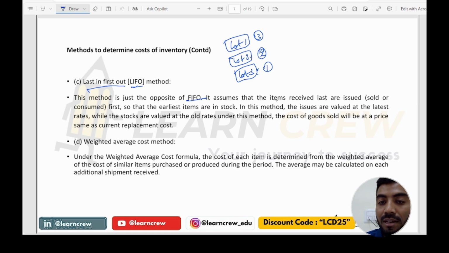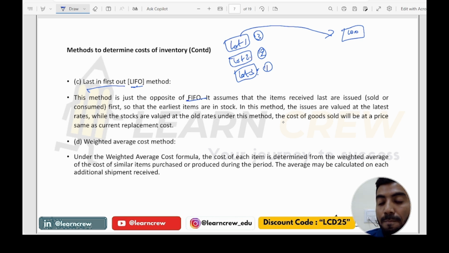It assumes that the items received last are issued, sold or consumed first, so that the earliest items are in stock. For example, say we have 100 quantity in stock, the stock will be from lot one. In this method, the issues are valued at the latest rates, while the stock is valued at the oldest rate.